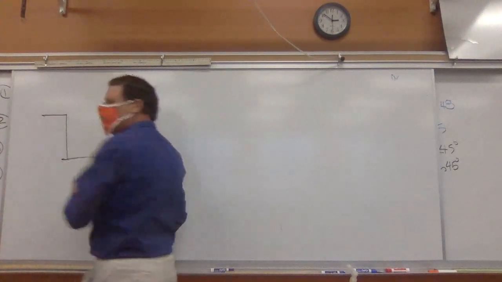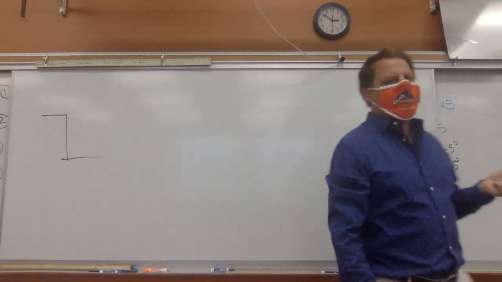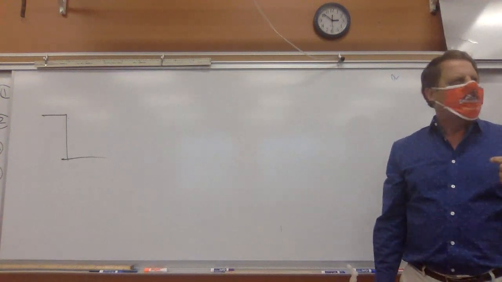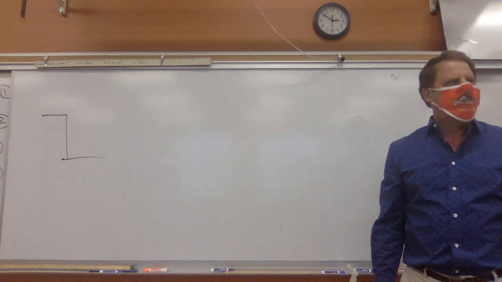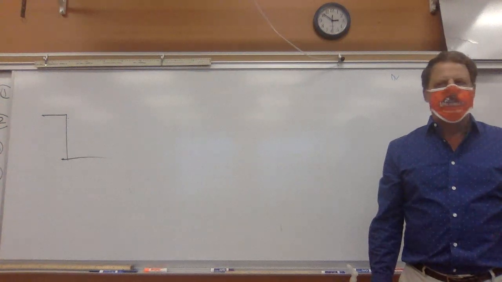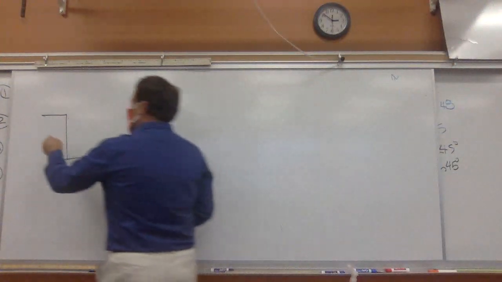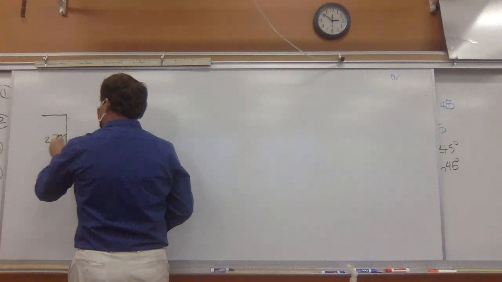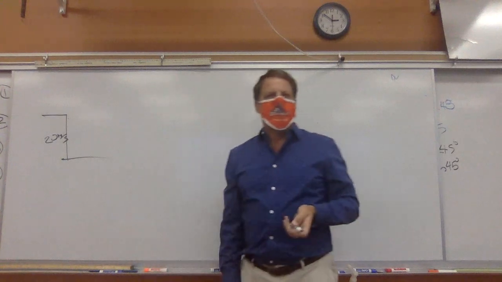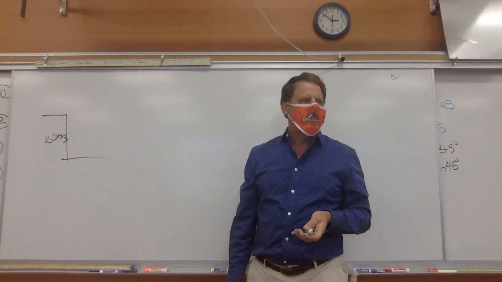So let's have a cliff here. Do you guys remember how tall the cliff was from last Thursday's? 20? So we'll make it the same, 20 meters per second. And what was the initial velocity?